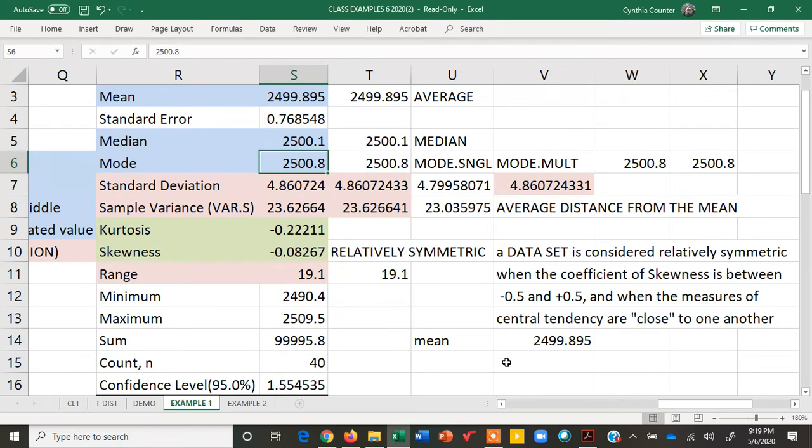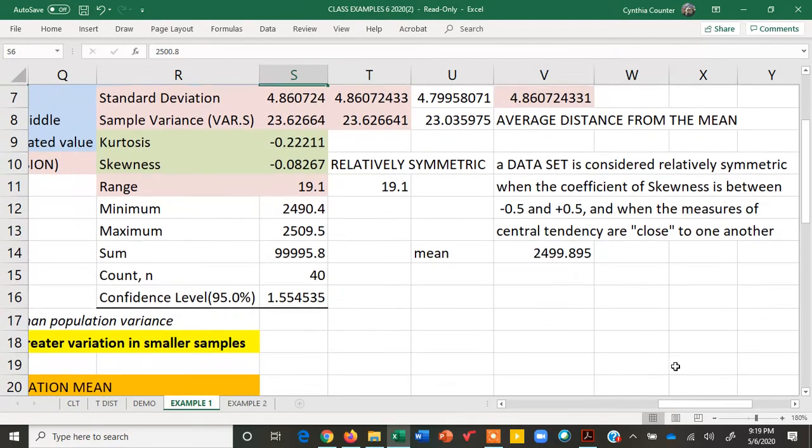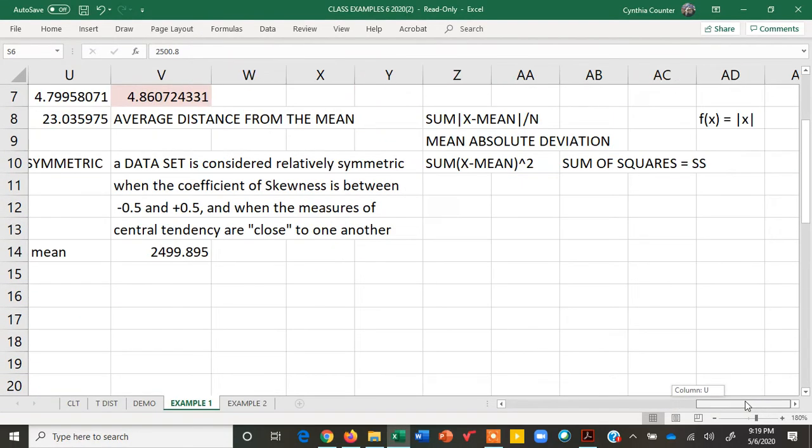So when is something moderately left skewed? Let me come over here and talk more about skewness.